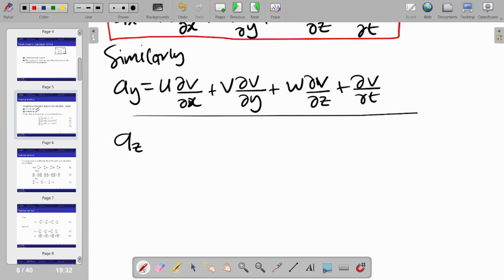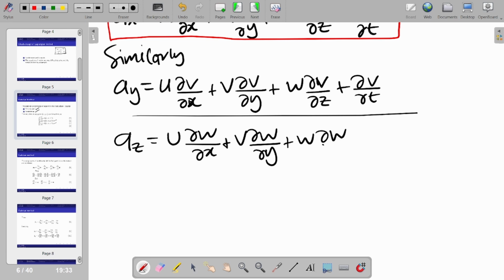You can also show that for the z-axis, the velocity along the z-axis is w. Partial w over x, u, plus v partial w over y, plus w partial w over z, plus the change of w with respect to time.